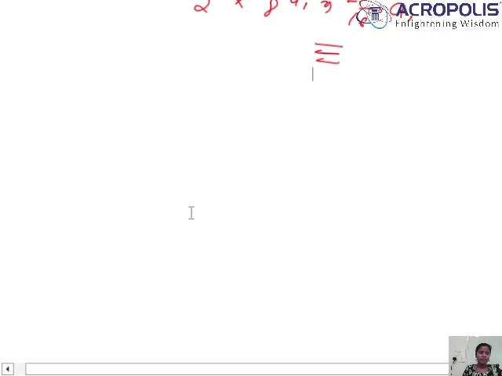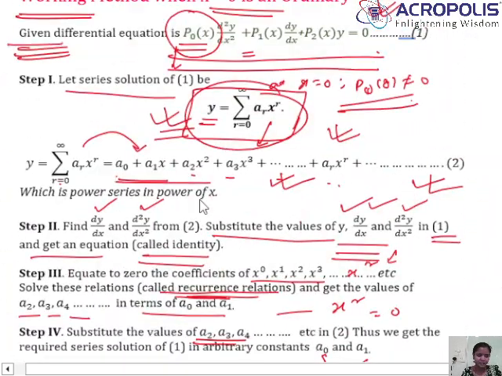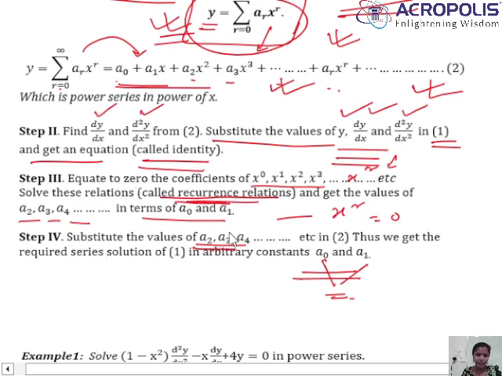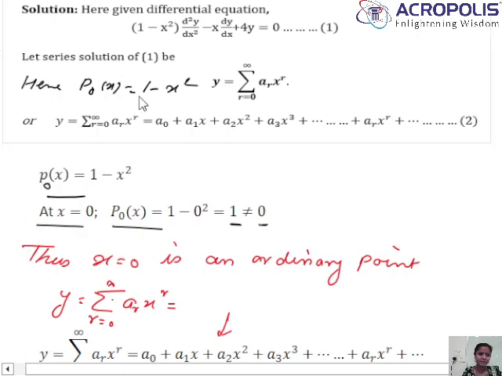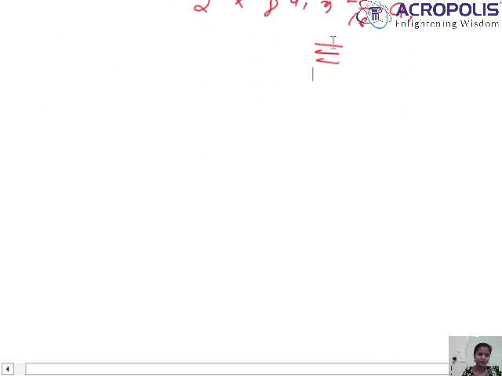Now what is the next step? The next step says that we will substitute the values of a2, a3, a4 in equation number 2. What is equation number 2? This expansion is equation number 2. We rewrite this expansion. Now we substitute all the above values.